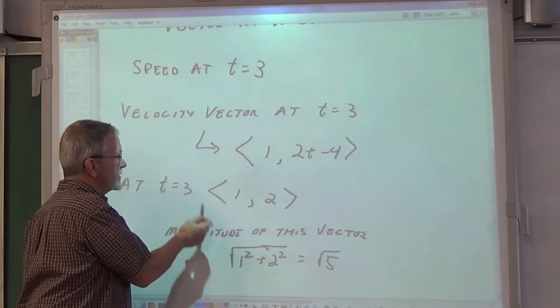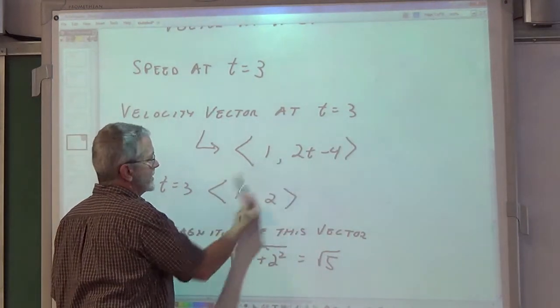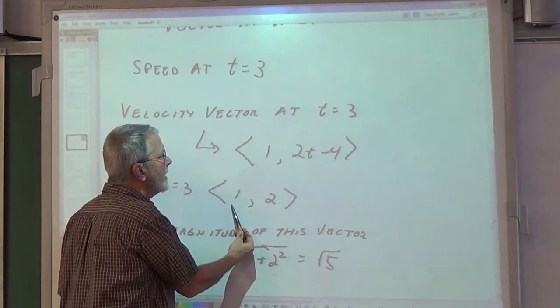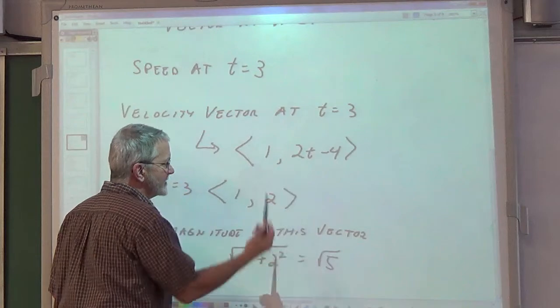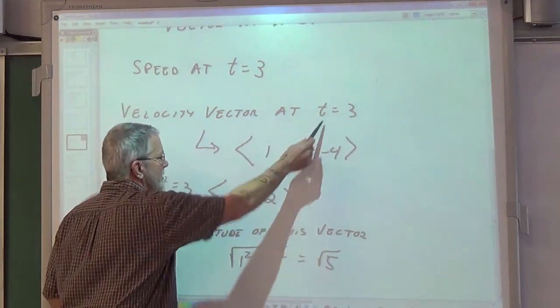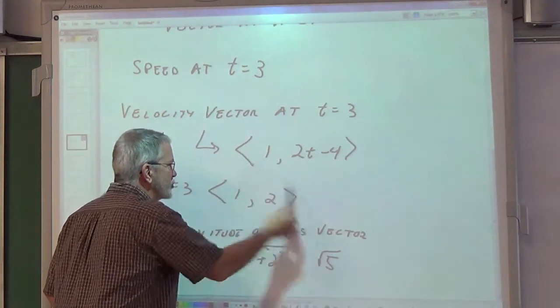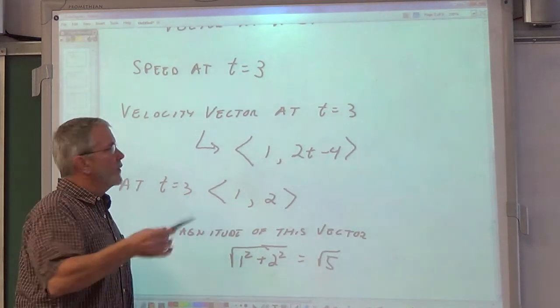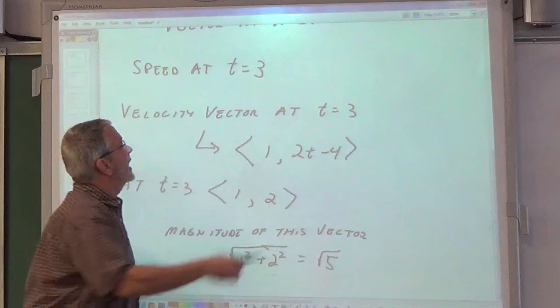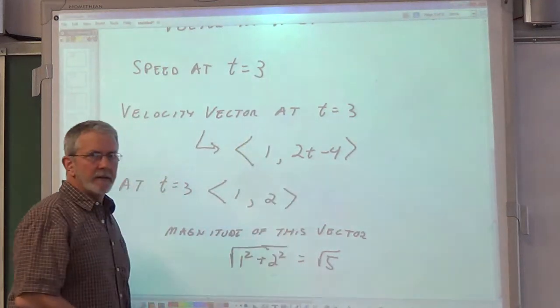When t equals 3, 1 is always going to be 1, and 6 minus 4 is 2. That's the velocity vector at t equals 3. The magnitude of that vector is going to be the speed of that bug at time t equals 3.